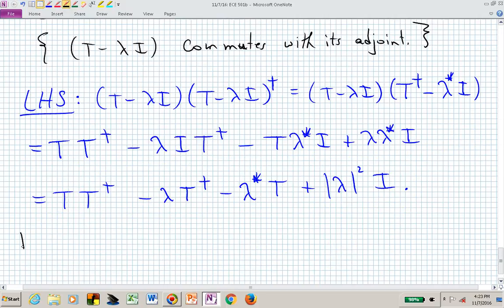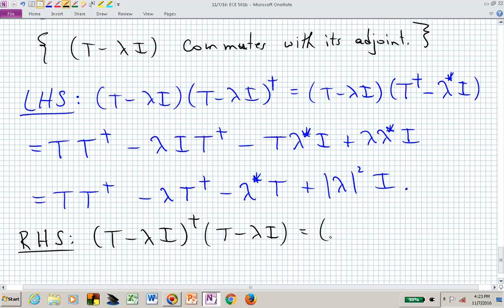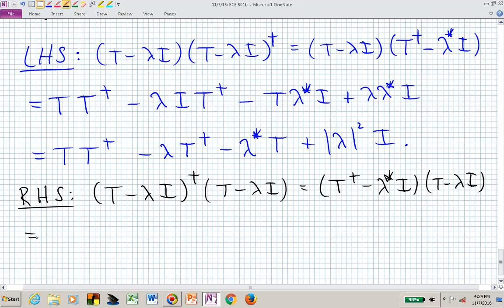In this case, the right-hand side starts with T minus lambda I's adjoint applied to T minus lambda I. Again, we can push that adjoint through to both terms, and we have T dagger minus the conjugate of lambda times I, times T minus lambda I. Or we now have T dagger T minus lambda star T. Well, maybe I should do all the steps that I had done before.